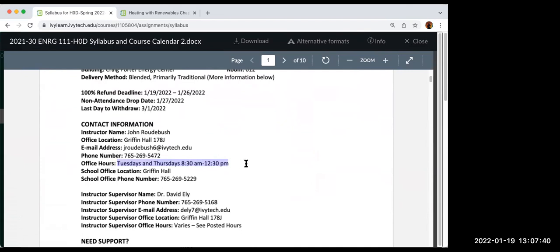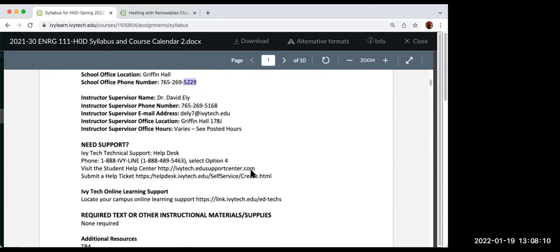My office hours are Tuesday and Thursday, 8:30 to 12:30 p.m. Generally just email me or try to set up an appointment through advising, or you can call Griffin Hall, call the office, 52229, and the receptionist there can put you on my calendar too.